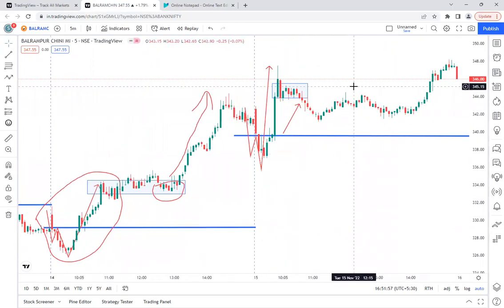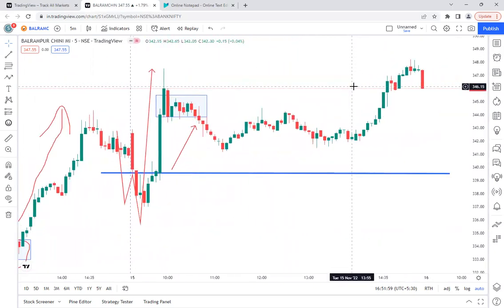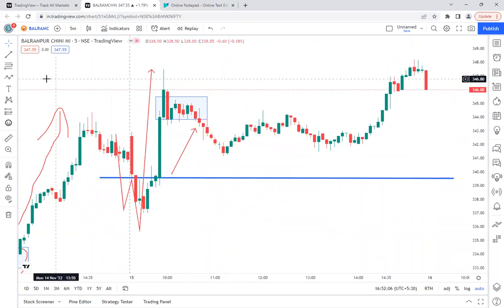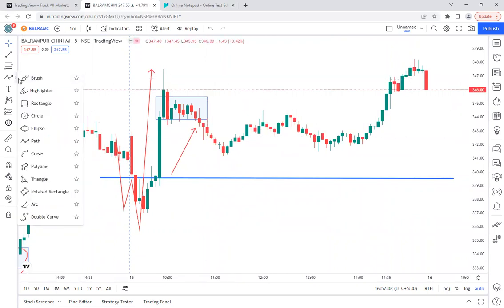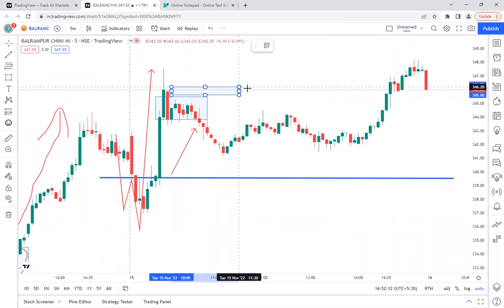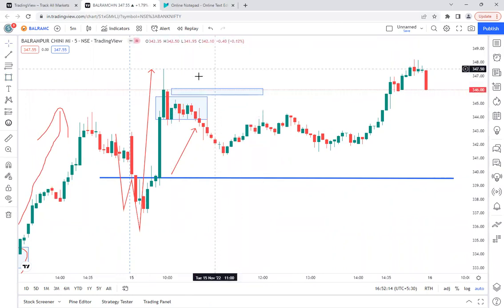Right? Now here the point comes. Those who have sold the stock here, those who have taken the short position here, definitely would have kept their stop loss above this level. Why above this level? Because this is the high that they have made.